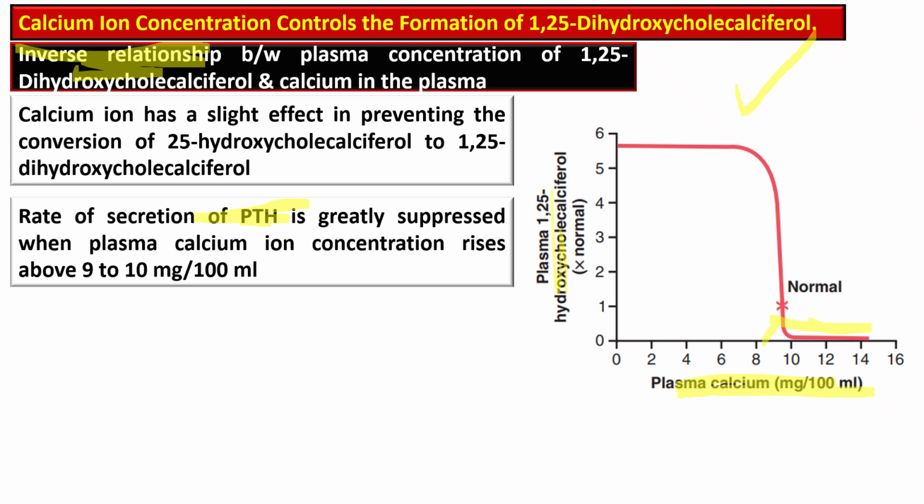This inverse regulation ensures that while calcium is low, more active vitamin D is produced to increase calcium absorption from the gut and mobilize calcium from the bone. When calcium is high, the production of active vitamin D decreases to prevent hypercalcemia.